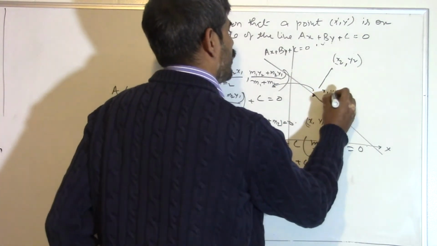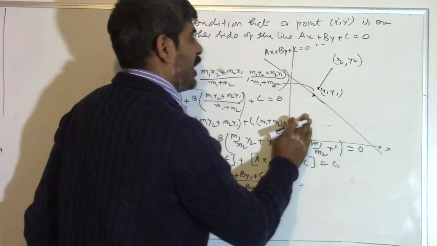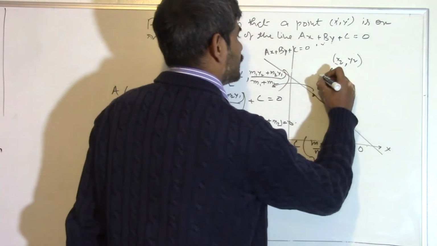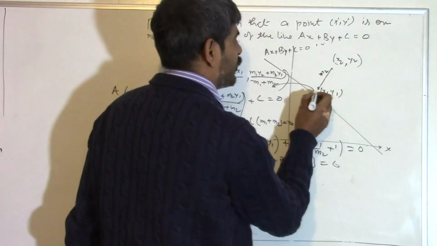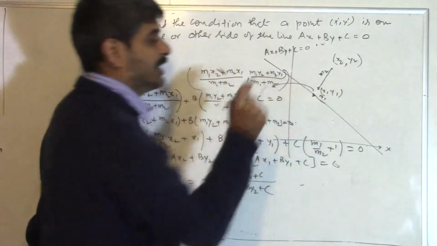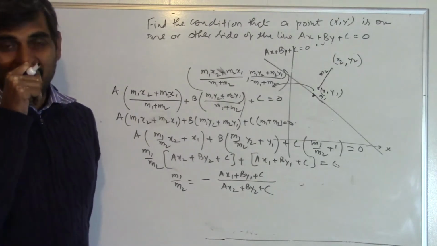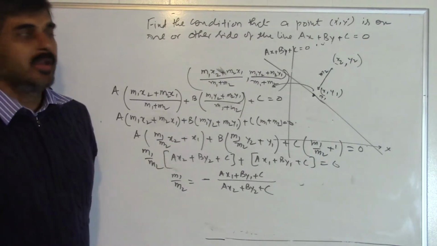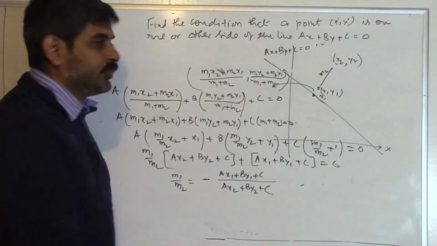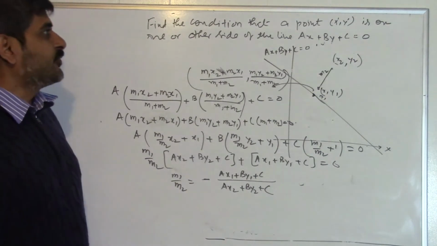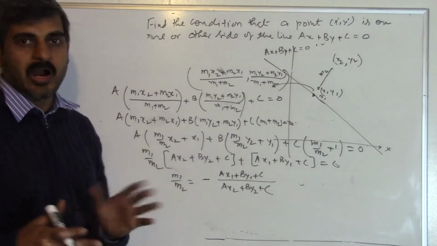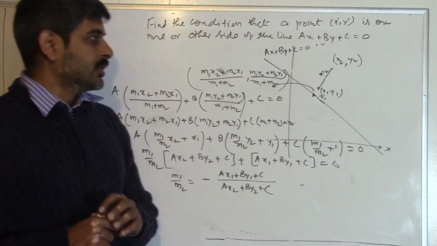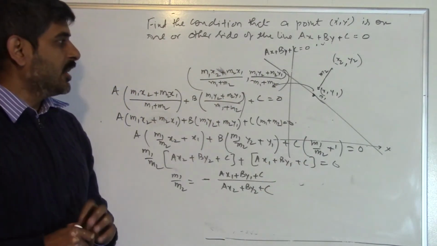This is x1 y1, and then we will get some value of m1 and then some value of m2. So m2 will be this one, but m1 will be negative. It means it is externally divided. We have known that for an externally divided point, the m1 by m2 ratio will be negative. So that is another way to find if 2 points are on the same side of a given line or on the other side.